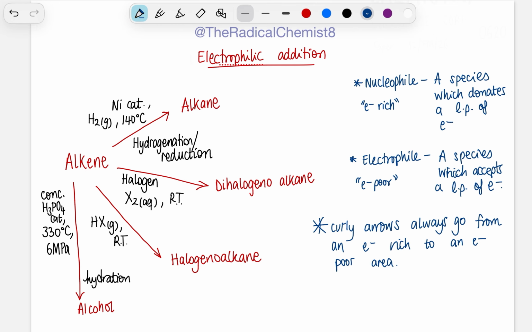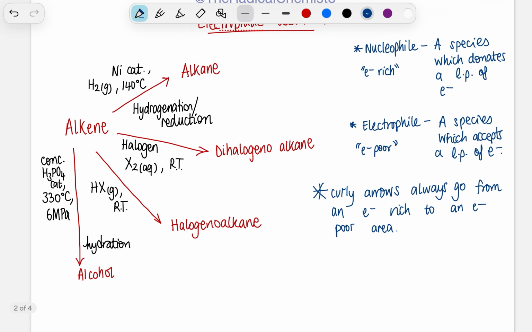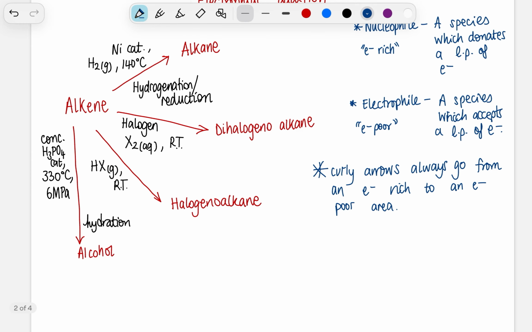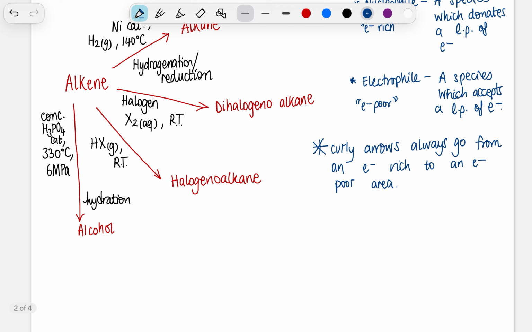Next, you have different types of bond fission. So whenever you're showing a curly arrow mechanism, you're showing bonds breaking and bonds forming. So the main type of bond fission would be heterolytic bond fission. So this is when a covalent bond breaks and the two electrons in the covalent bond are unequally shared.